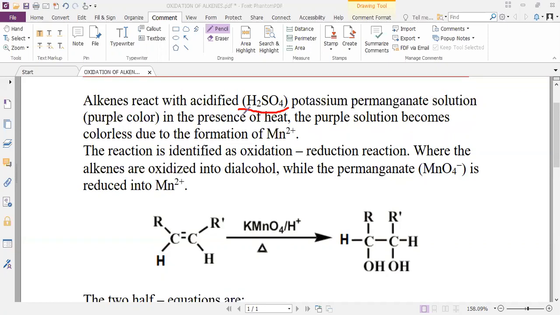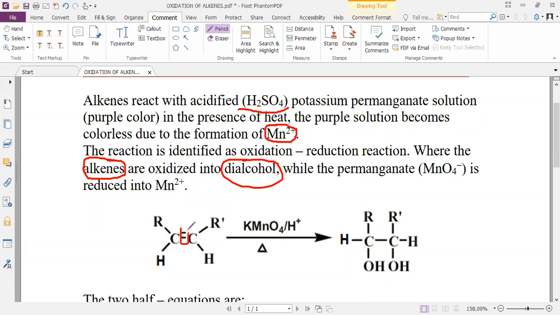The purple color will directly be converted into colorless due to the formation of Mn2+. And the alkenes are oxidized into dialcohol. Why oxidized into dialcohol?